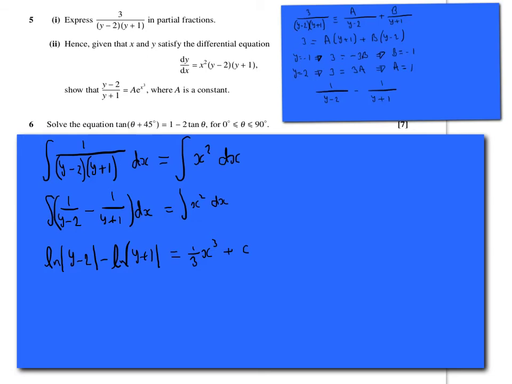Using our rules of logs, we can combine the two natural logs to get the natural log of (y minus 2) divided by (y plus 1). And the right hand side remains the same.